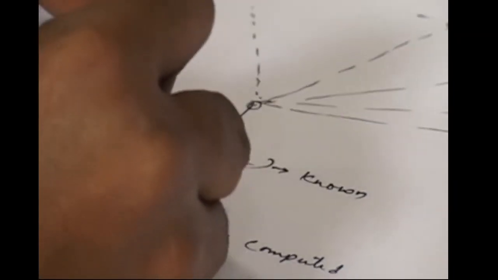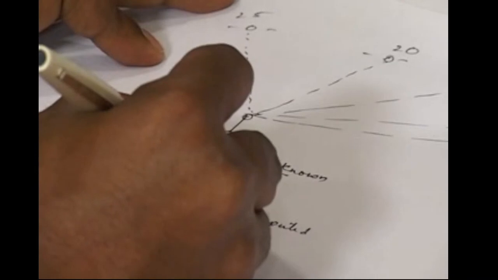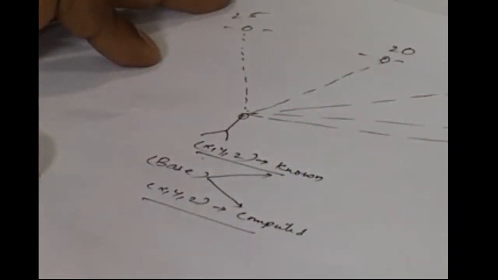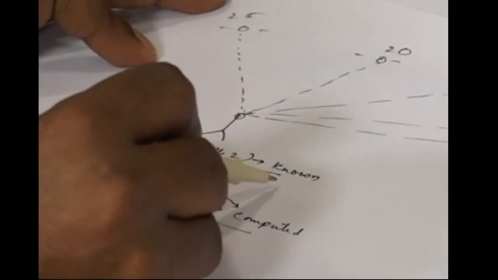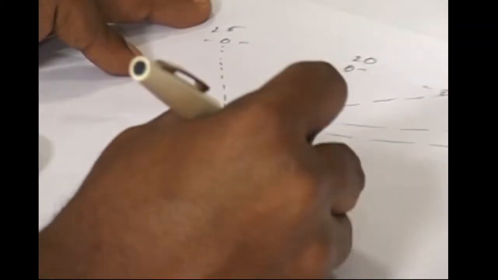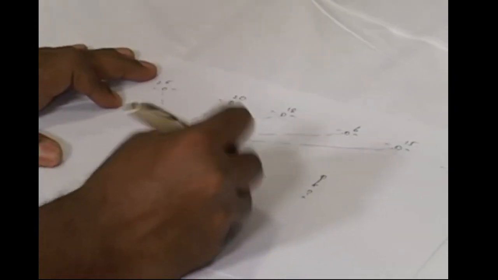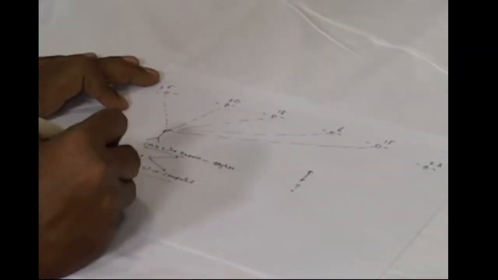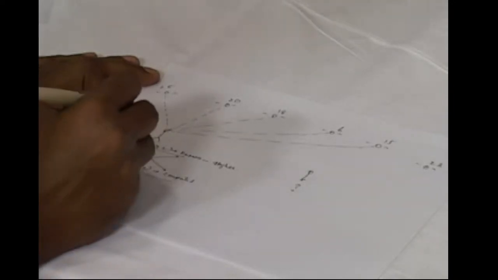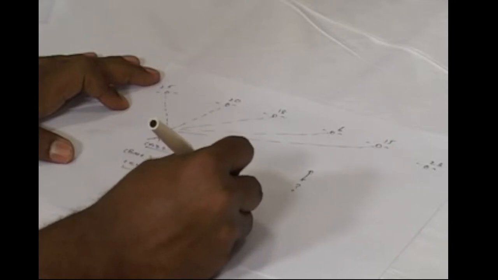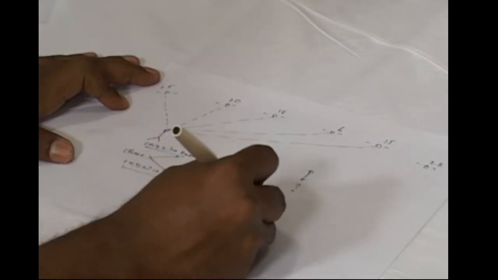Okay, now at the base you have 2 coordinates for the same point, right? One coordinate was known earlier with higher accuracy. Okay, now this is the XYZ of the same point but computed from GPS satellites.